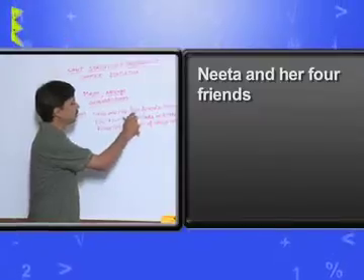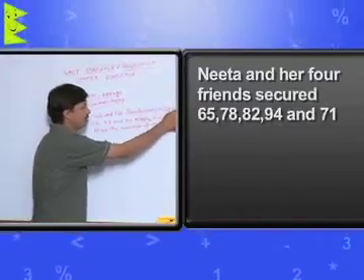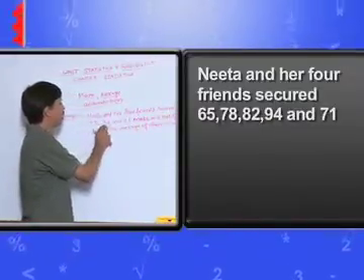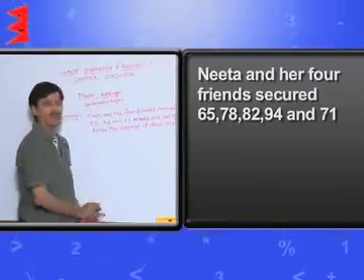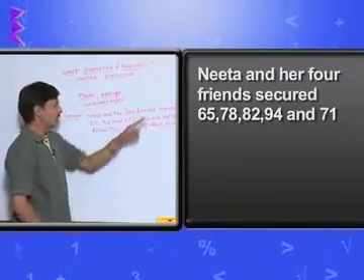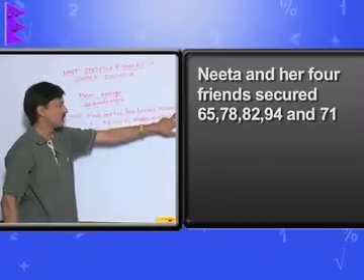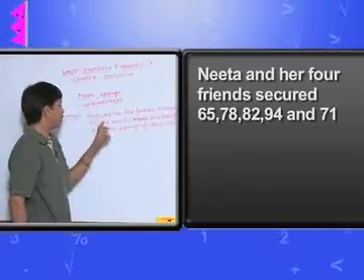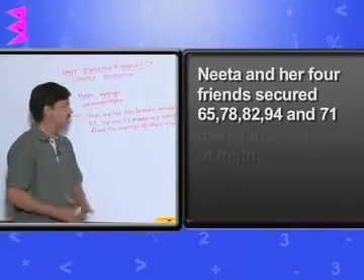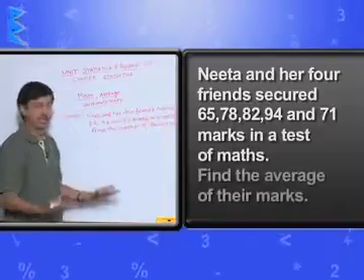Neeta and her 4 friends secured 65, 78, 82, 94 and 71 marks. So Neeta secured 65, and the other 4 friends 78, 82, 94 and 71 marks in a test of maths. Find the average.